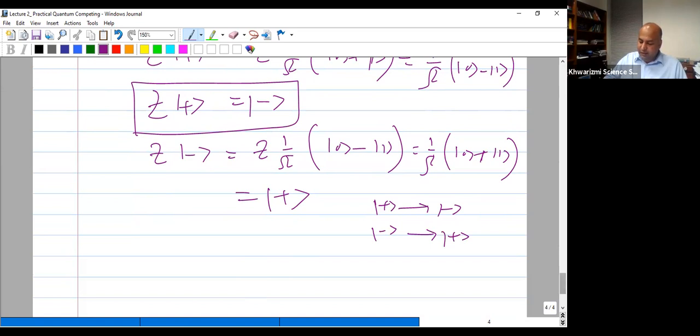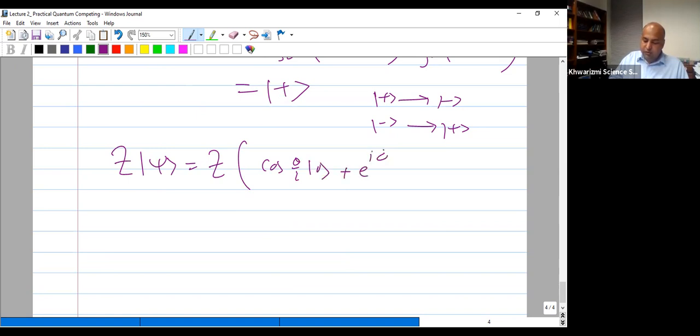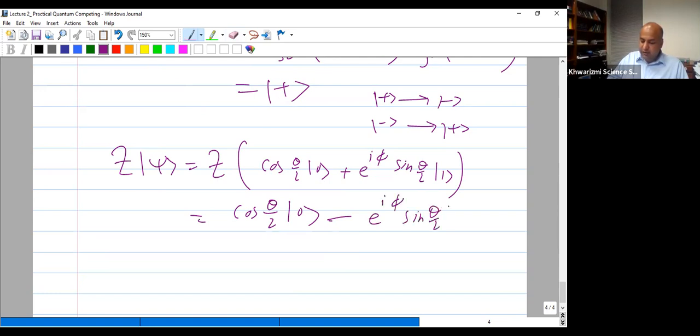Let's now see what it does to a general superposition state. So Z applied to this general state cos theta by 2 0 plus exponential iota phi sine theta by 2 1. Fortunately this time the 0 remains 0 and the 1 gets a minus, so exponential iota phi sine theta by 2 1 with a minus.